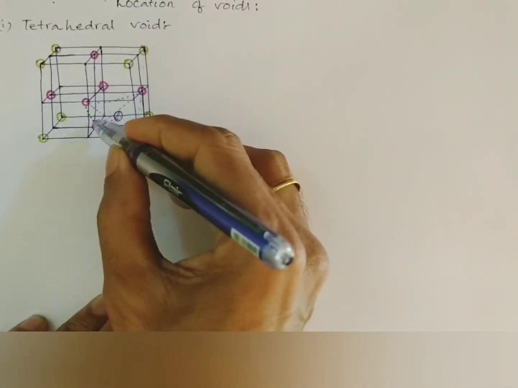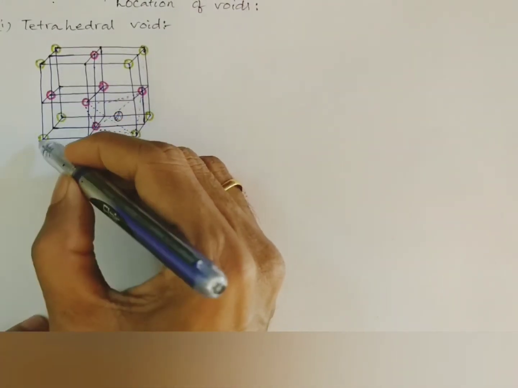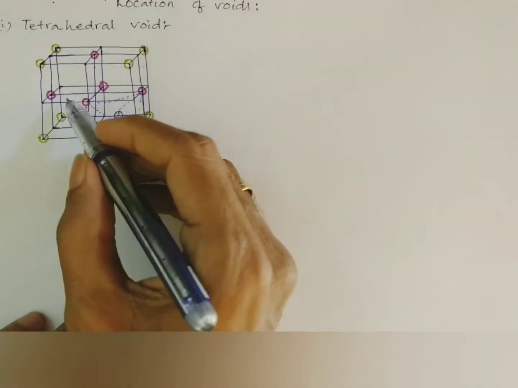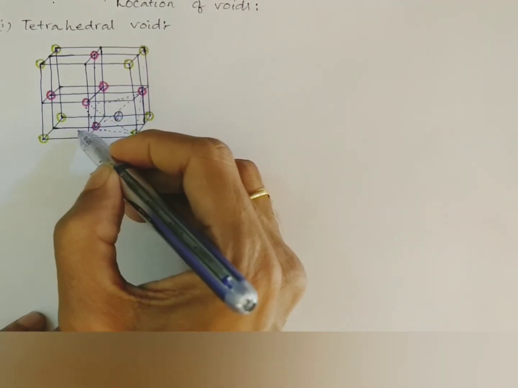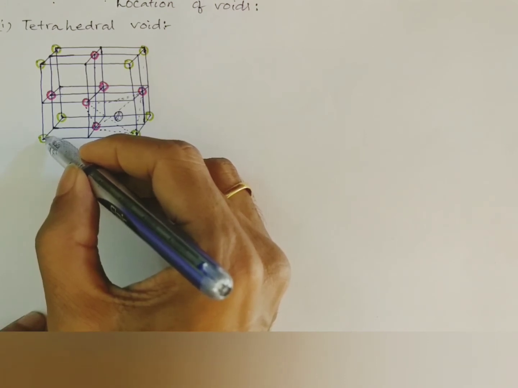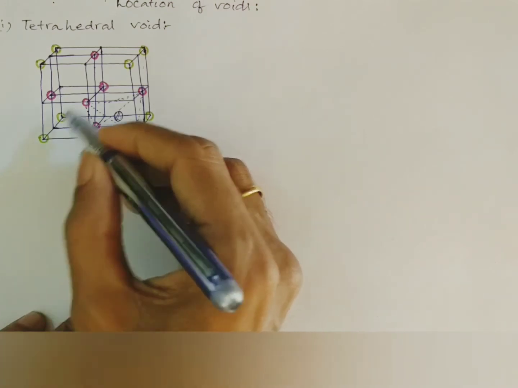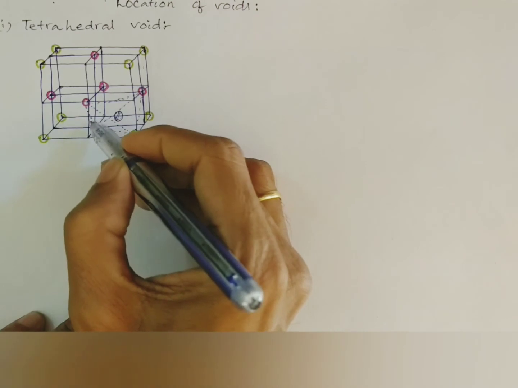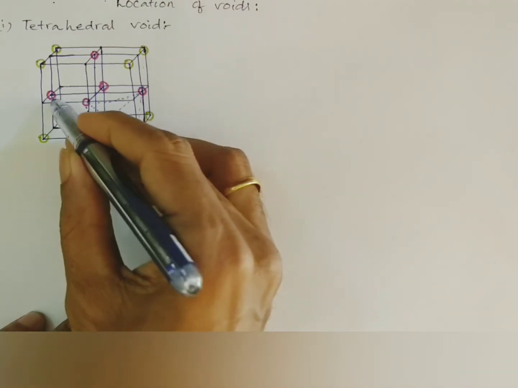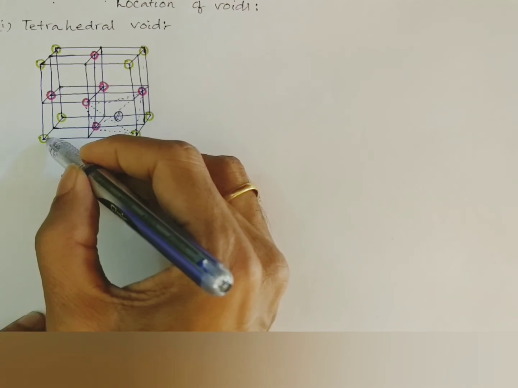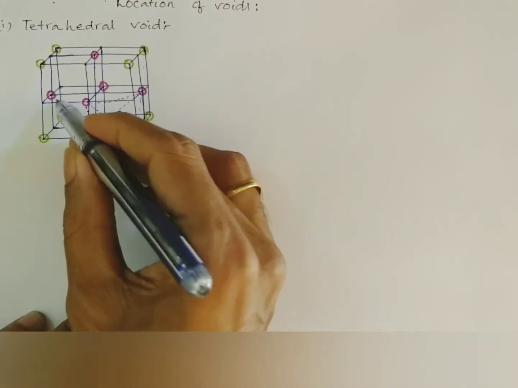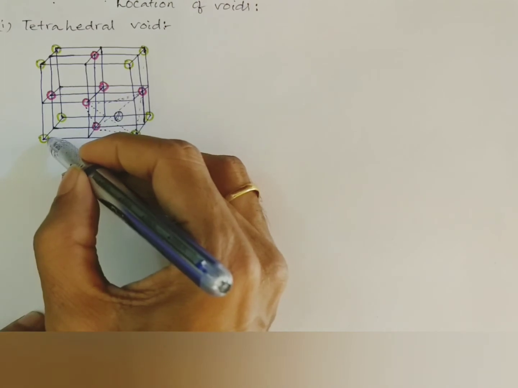Similarly, if you take this corner, these are the 3 atoms adjacent to this corner atom. They are present on the adjacent faces. So they form the trigonal void, and this atom sits in the trigonal void. So these 4 atoms form another tetrahedral void.